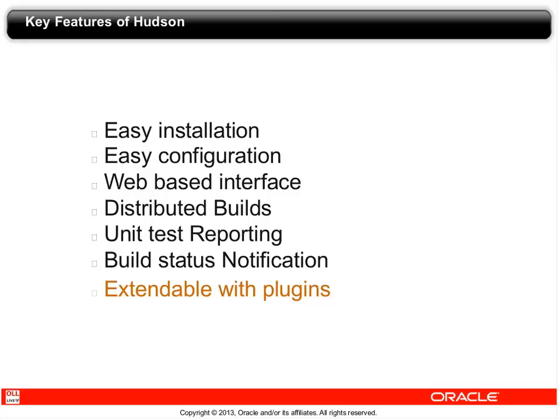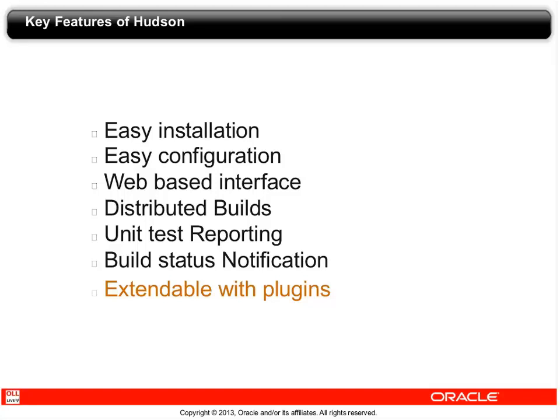So what are the key features of Hudson? You can easily install it. In fact, there is no installation at all. You just get the WAR file and you can deploy it, and I'll tell you how it is done. Primarily, it is so easy to configure the entire Hudson and make it work for you within a few steps. And it has a web-based interface, so it makes it easy for you to access it from anywhere in the world.